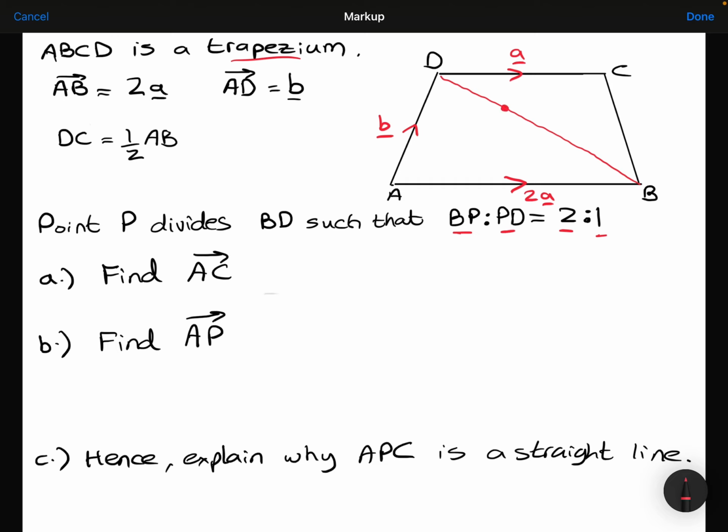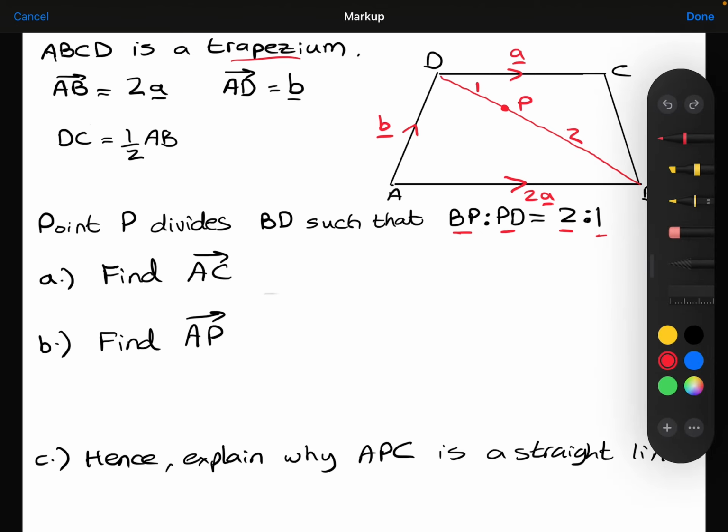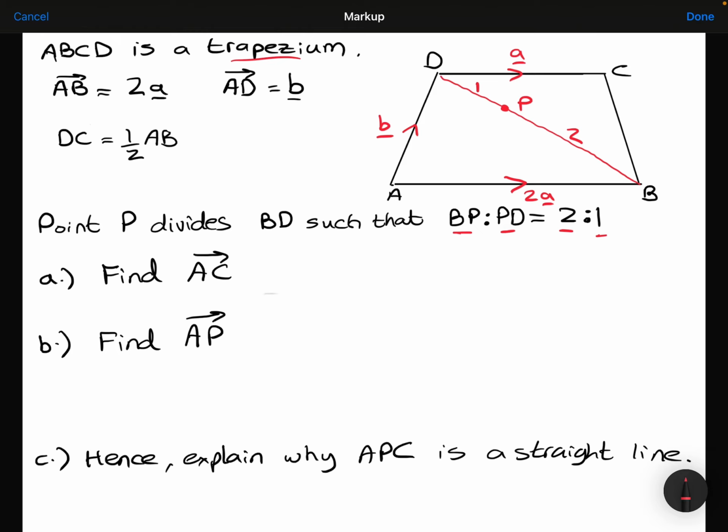So I think P is going to be there somewhere, where the distance BP is 2 parts, and the distance P to D is 1 part. So 3 parts in total. BP is 2/3 of the whole vector. PD is 1/3 of the whole BD vector. Okay, right. So I've marked all the information onto my diagram.